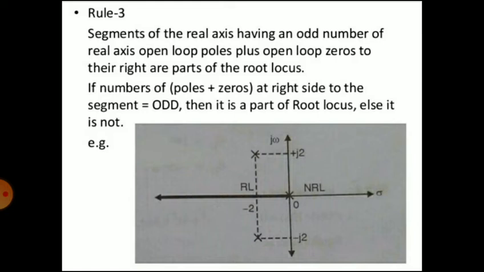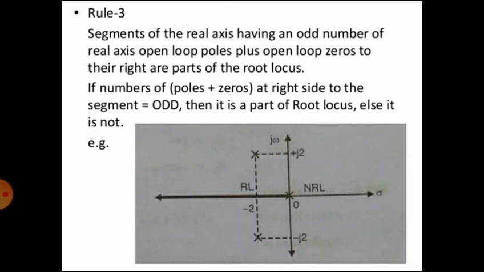Now after finding the number of poles and zeros, you have to find the part of the root locus on the real axis. The condition is: if the number of poles plus zeros to the right side of the segment is odd for the given point, then it is part of the root locus, else it is not.